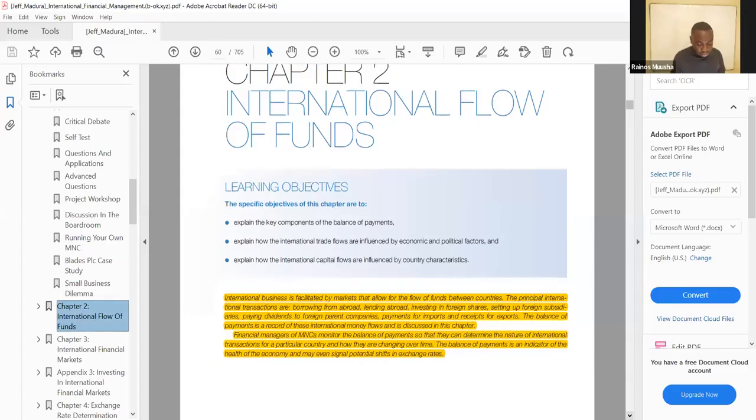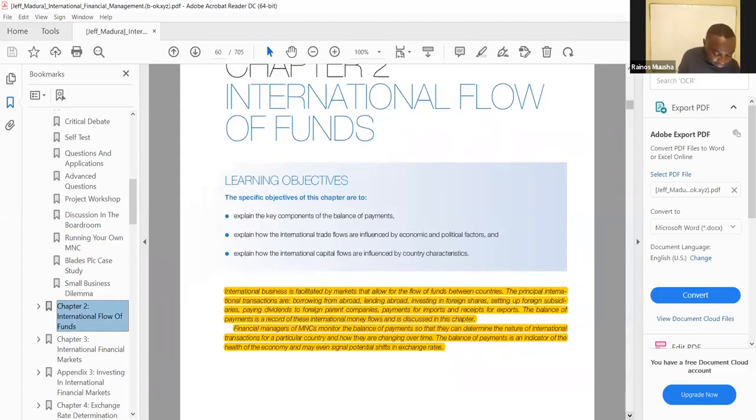So if you look at chapter 2, they say international business is facilitated by markets that allow for the flow of funds between countries.